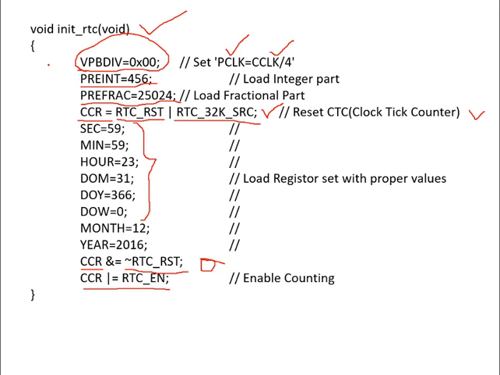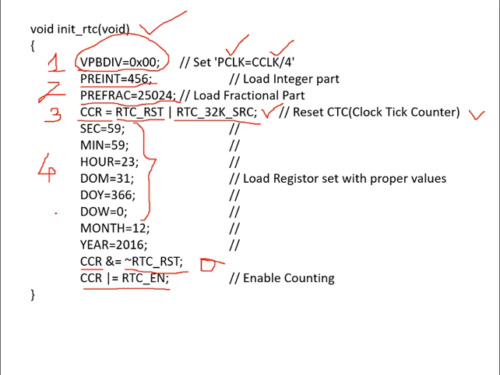I will repeat it. First, we have set the peripheral clock frequency appropriately. Then we have set the clock frequency of the RTC, that is the second. Third one, reset the clock tick counter and set the source as internal clock. Fourth one is initialize all the registers so that they will be initialized to 0.